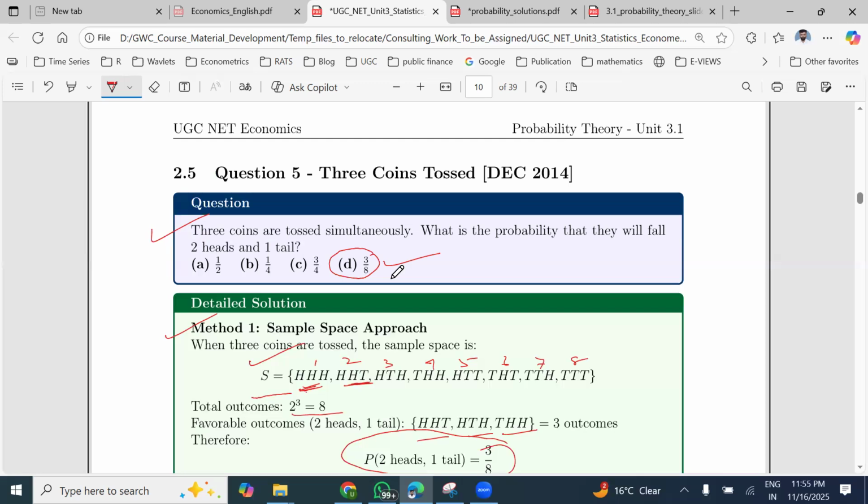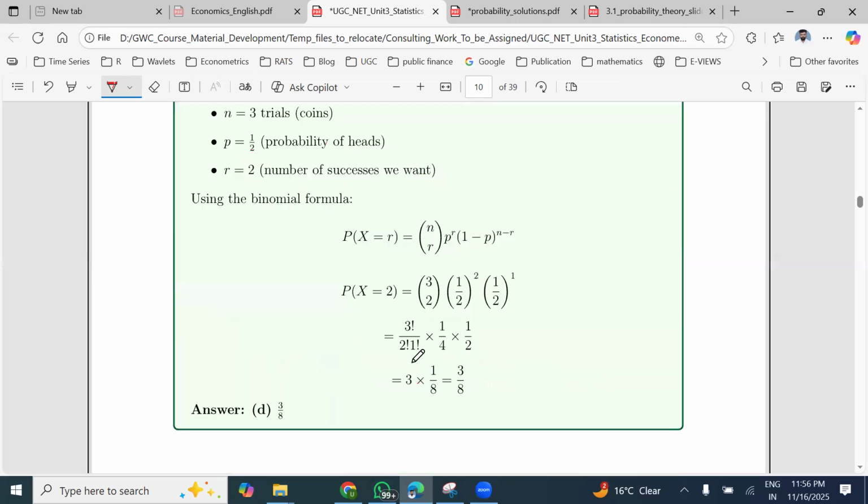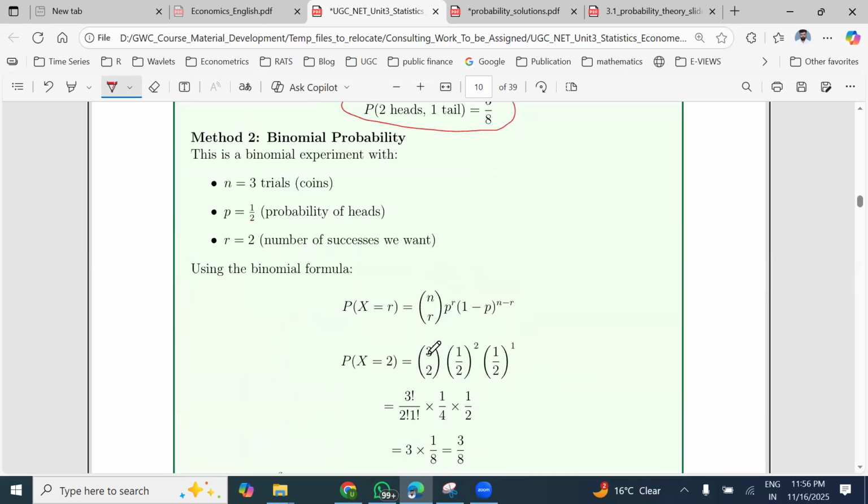Chinmay, is it easier? Yes, sir. Now you can also use the PMF of the binomial. Instead of finding the sample space, which takes time, use the binomial probability method. N is equal to 3 trials. P is equal to half, the probability of head. R is equal to 2, because we want 2 successes, 2 heads and 1 tail.